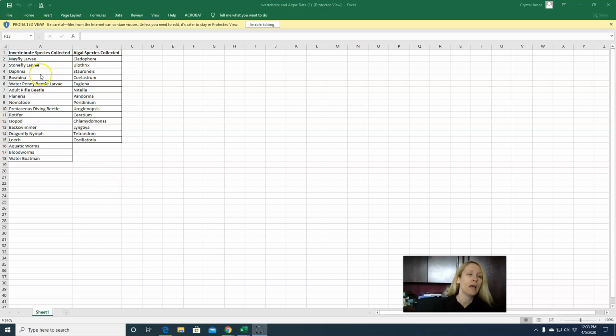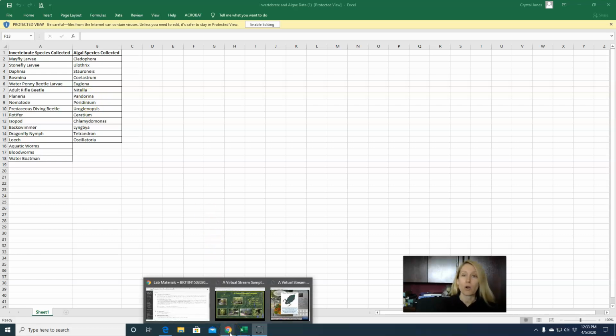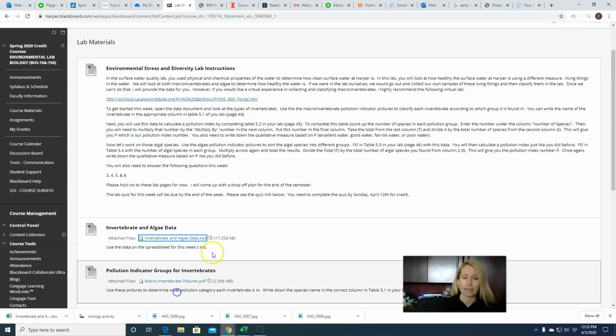I've done this for you. I've given you a whole list of what invertebrate species we collected in our sample, and also what algal species we collected. So we have invertebrates, which are animals, and algae, which are kind of related to plants. That's part one of this: you're going to look at that data.